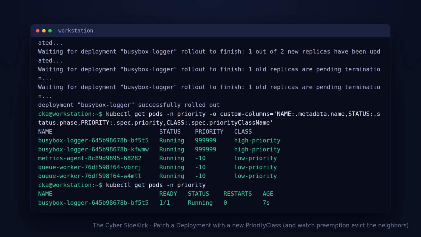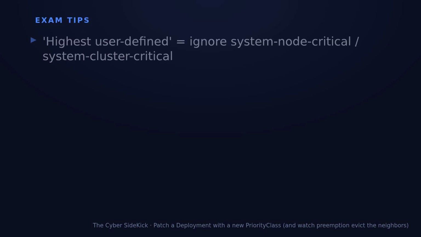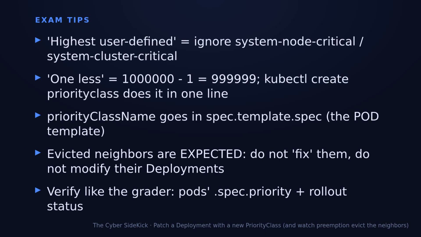The question graded the priority class, the patch, and the rollout. The traps in this question are all reading comprehension. Highest user-defined class means you skip everything that starts with system. Counting the 2 billion system classes gives a wildly wrong value. One less means -1, so from 1 million you write 999,999.